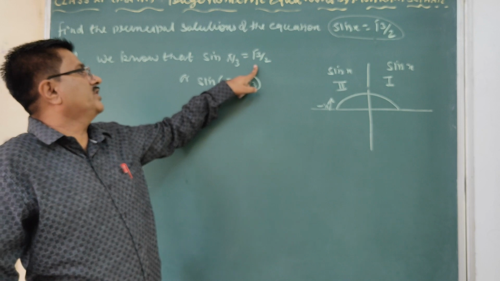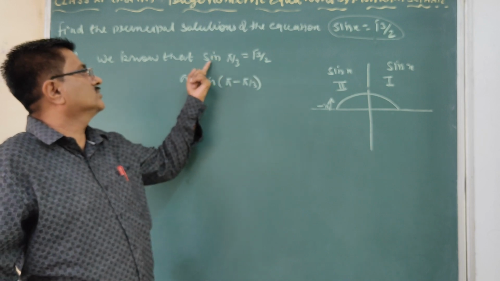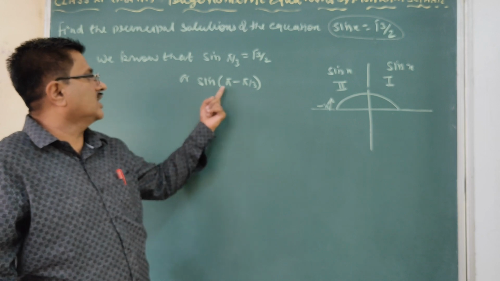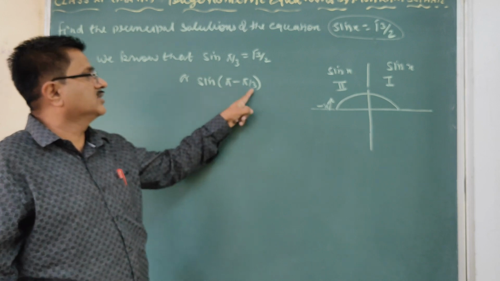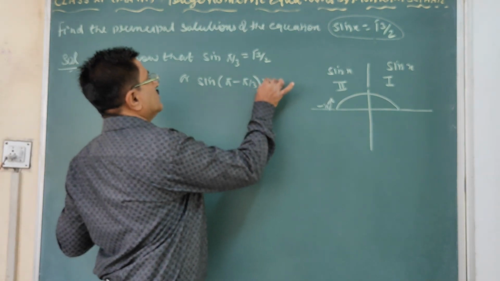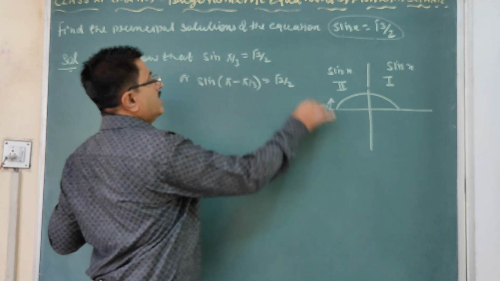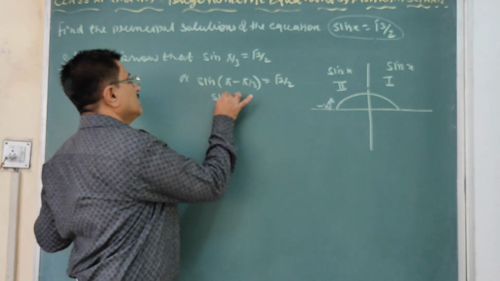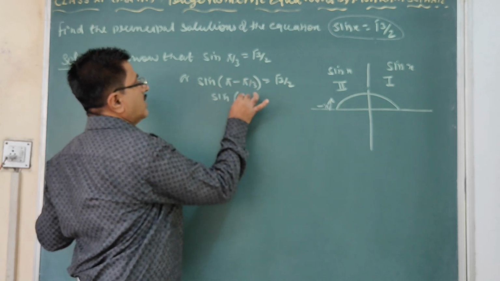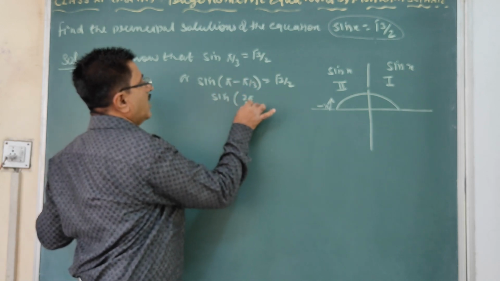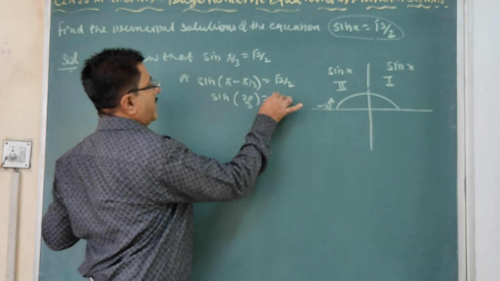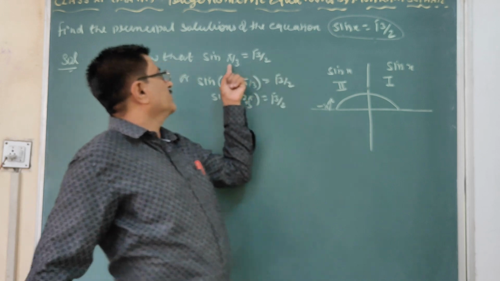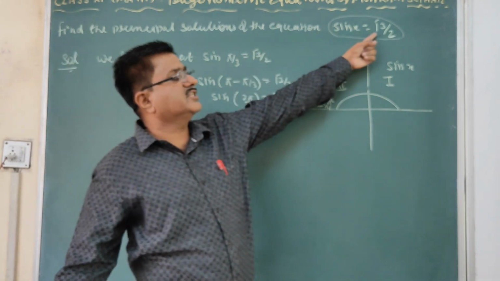This is clear. Why do we take pi by 3? Because we know the value of sin pi by 3 is root 3 by 2. So to move into the second quadrant, we write pi minus pi by 3. That is also root 3 by 2. Now simplify this: 3 minus 1, that is 2 pi by 3. So there are two values of x. This x can be replaced by pi by 3, then it is satisfied.